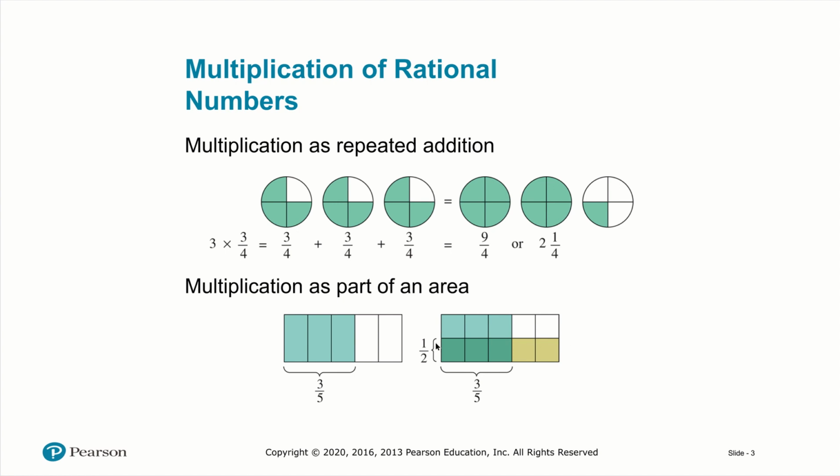And now when you look at 1/2 times 3/5, for example, you notice that 3 of the 10 boxes get shaded in that, or get covered in that area. That's how we know 1/2 times 3/5 will be 3 out of 10, okay?